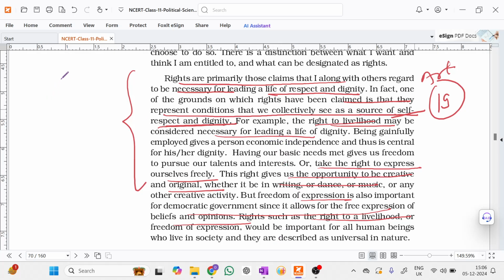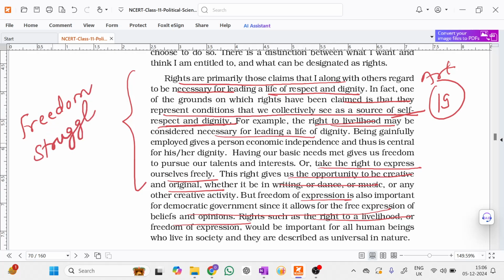And as I already elaborated, during the freedom struggle, all such things were discussed throughout the nook and corner of India. And why this happened, I have already elaborated.